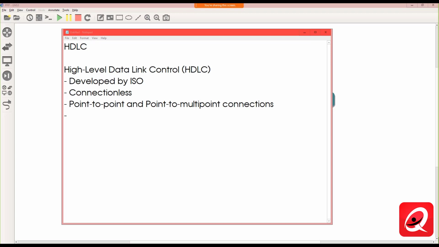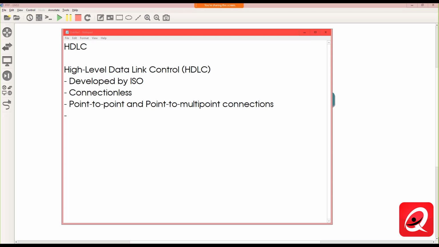It uses something called master-slave mode. We don't really need to get into the details of that, but you have a normal response and an asynchronous response, and usually it's running something called asynchronous balanced mode.